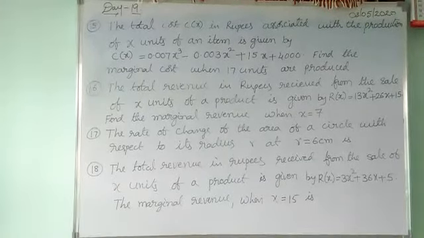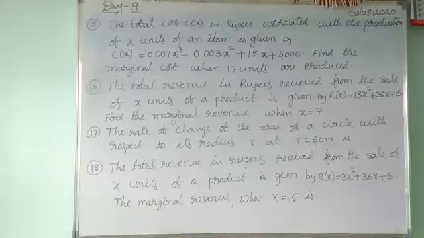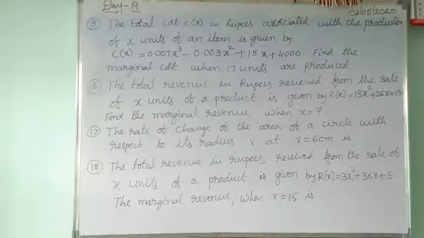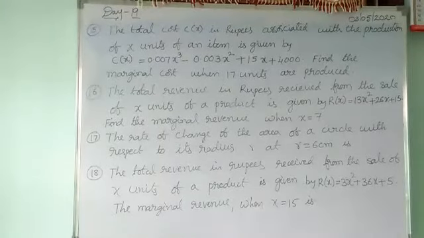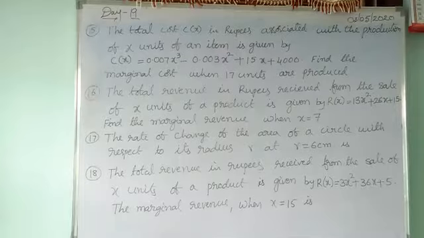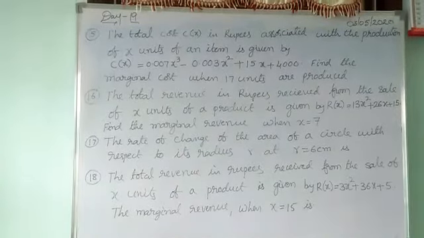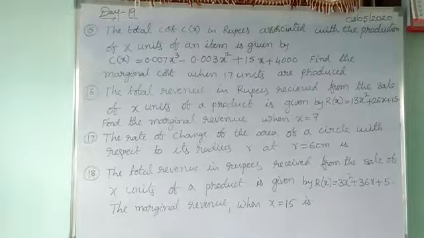Students, do you understand what I am saying? Given the total cost, differentiate with respect to x, and the result is the marginal cost. In the marginal cost result, substitute 17 in the place of x and you will get the marginal cost. Clear? And come to the 16th one.